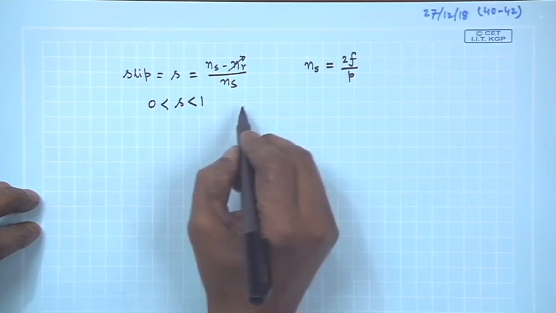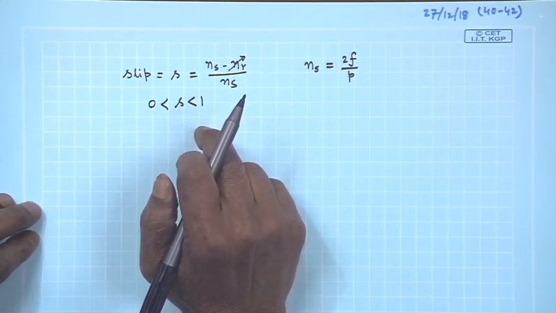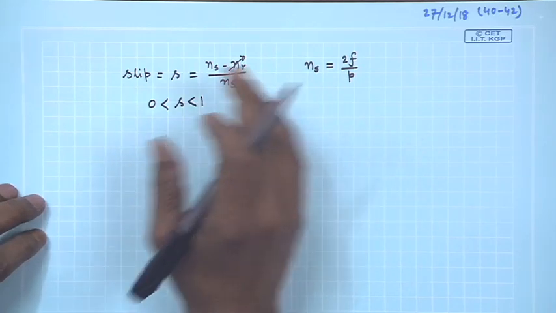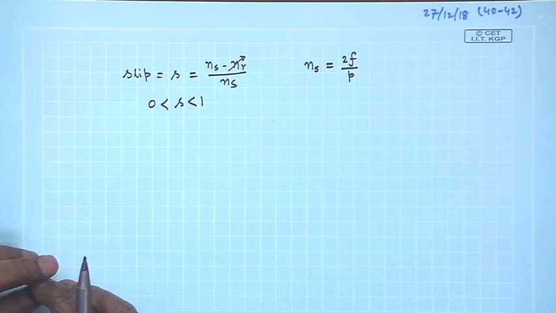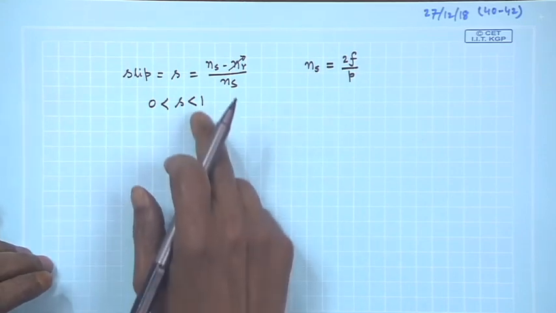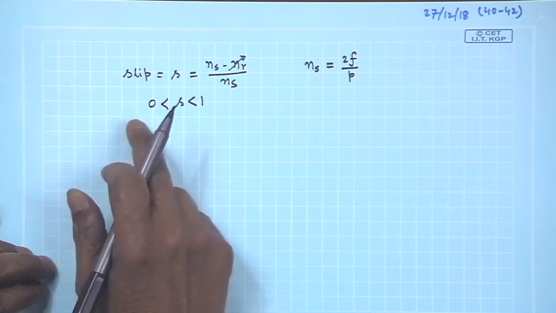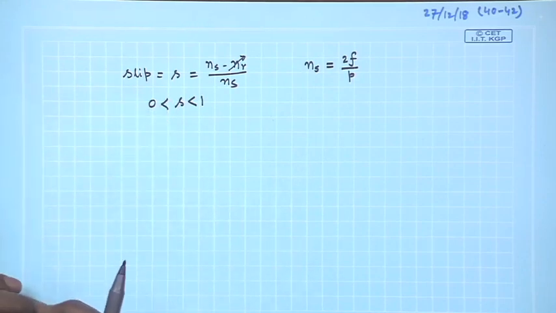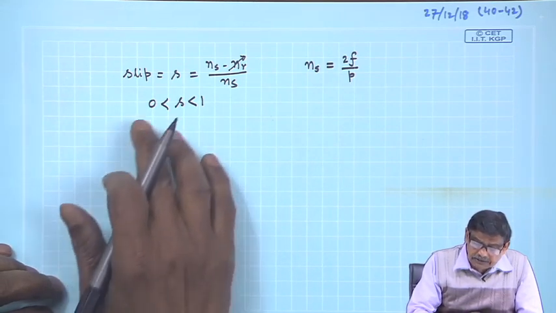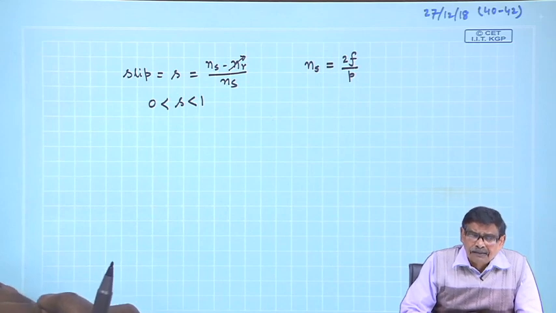S equal to 1 corresponds to locked rotor condition. Whenever the rotor is not moving, you have energized the primary. Of course, the rotor circuit is closed, then that is slip equal to 1, and the extreme case slip could be equal to 0, provided there is no opposing force, no opposing torque, which is of course not a very ideal situation.